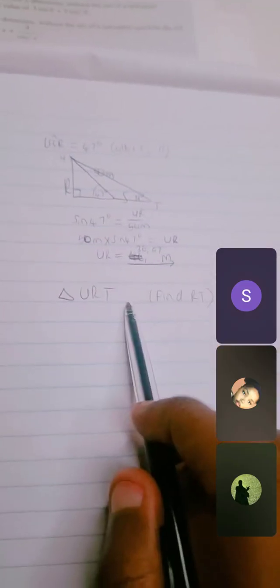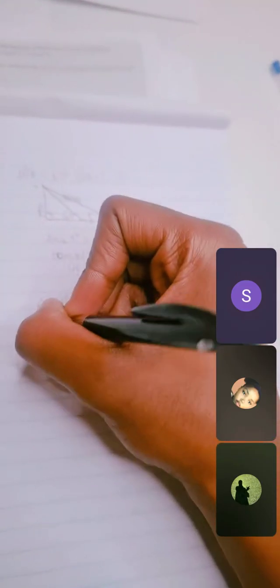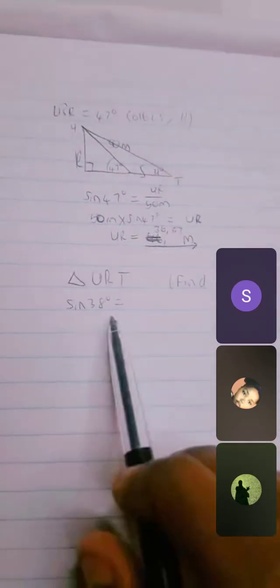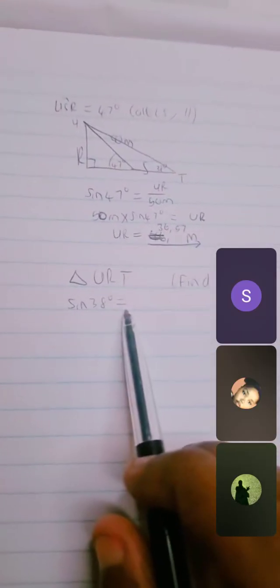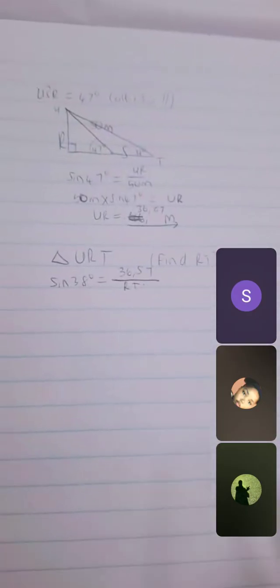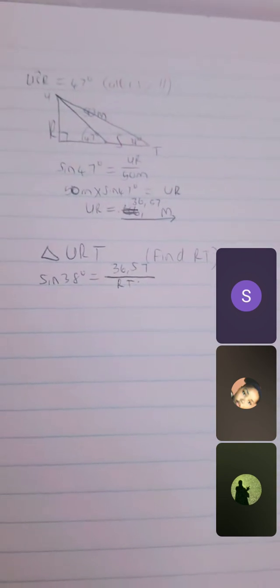So in triangle URT, we say sine of 38 degrees is equal to UR, which is 36,57 meters, divided by RT, the whole entire length of the triangle.